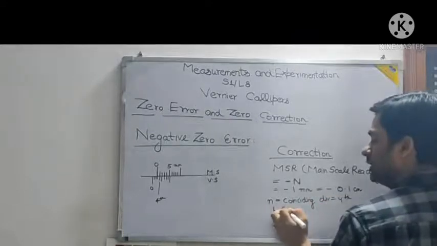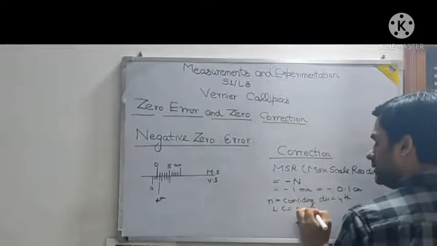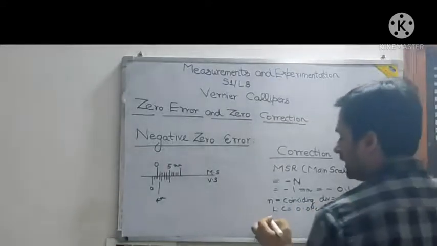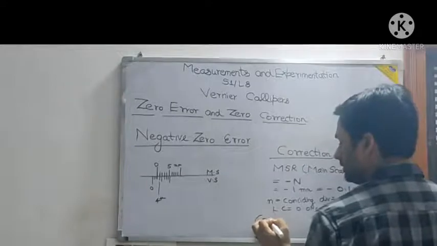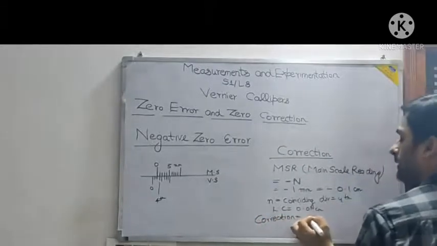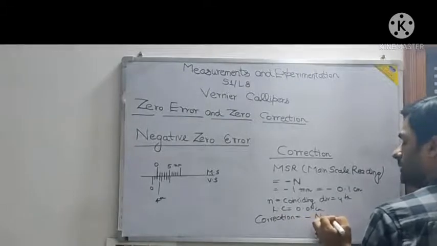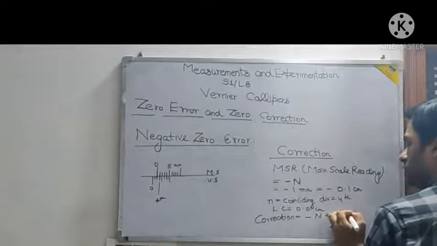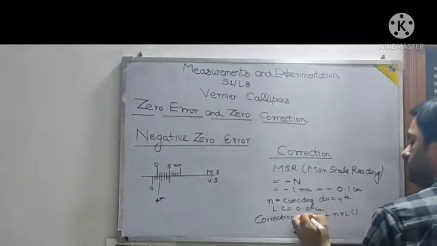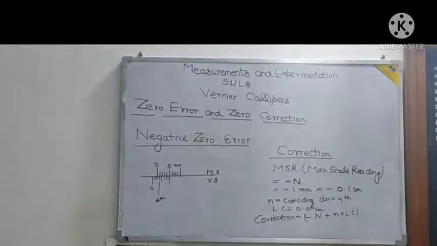Least count, you already know, is 0.01 centimeter. Considering this, what is the correction then? Correction will be equal to minus n plus n into least count. Yes or no?